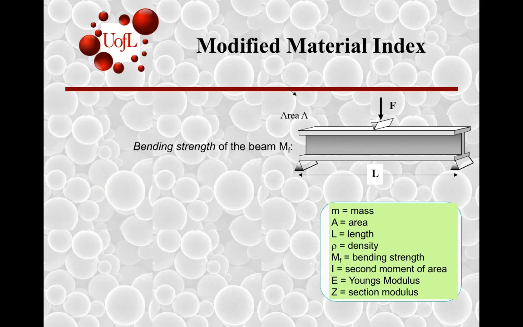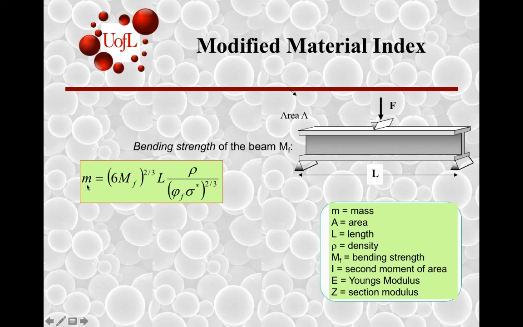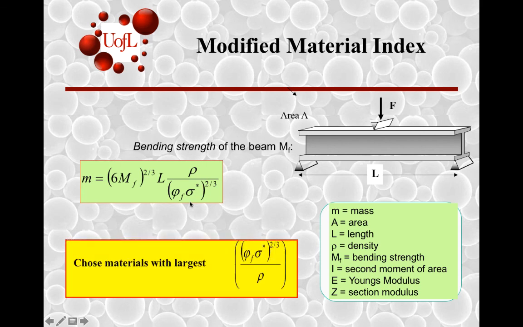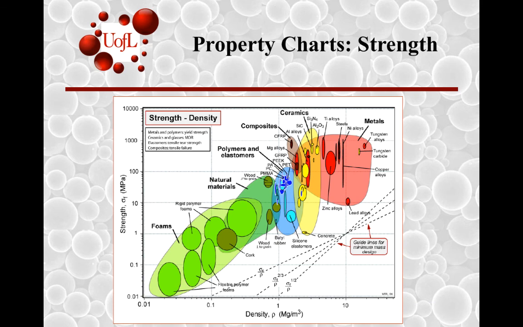So this modified material index is a criterion for minimizing mass. To minimize the mass, we have to minimize this, or alternatively maximize the reciprocal of this term, the material index. Given that we now have a term for the material index and a method to derive it, let's go ahead and look at the situation where we looked at strength versus density plots.